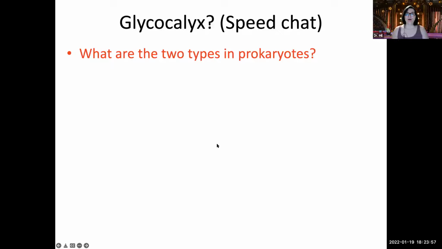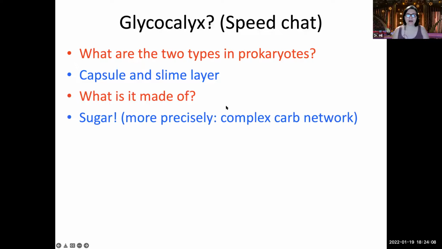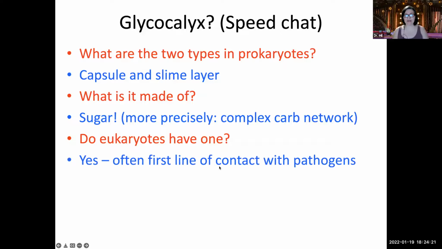Okay, prokaryotes had a glycocalyx. Remember that very external optional layer made of sugar? And there were 2 types in prokaryotes. Remember the capsule and the slime layer? What about eukaryotes? Do eukaryotic cells have a glycocalyx? Yeah, they don't always, but they can and often do.